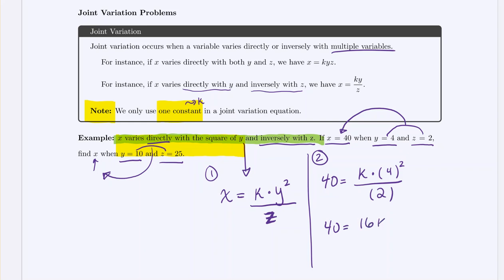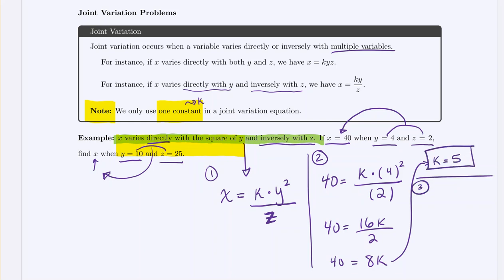This equation would simplify to 16k divided by 2 equals 40, which we could write as 40 equals 8k. Dividing both sides by 8 here, we would get k is equal to 5 in this case.